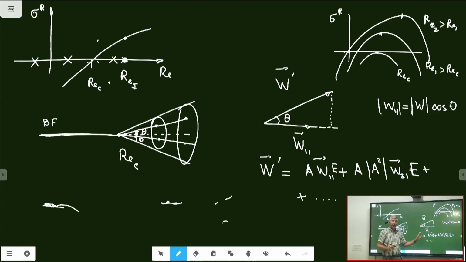Remember, that's our expansion. So the perturbation, well, obviously we have base flow plus perturbations, but perturbations are expanded like a linear eigenfunction plus one modification of this eigenfunction, and it looks like that. If you look at the formal expansion, you will see that that's what we have. Plus, of course, all other terms.